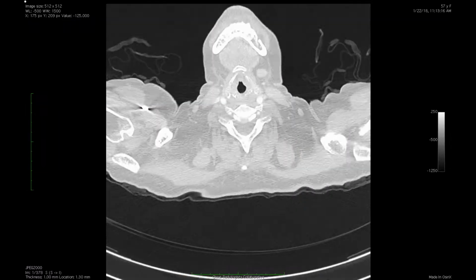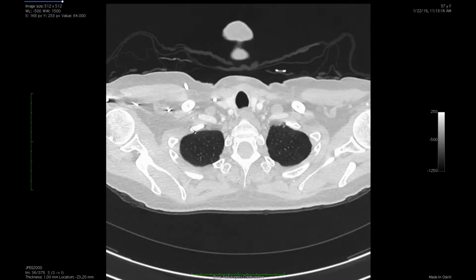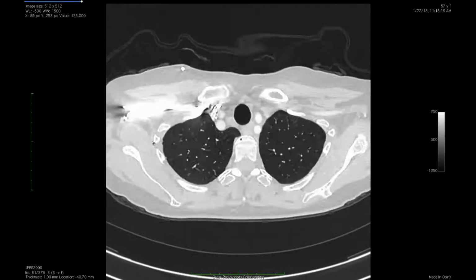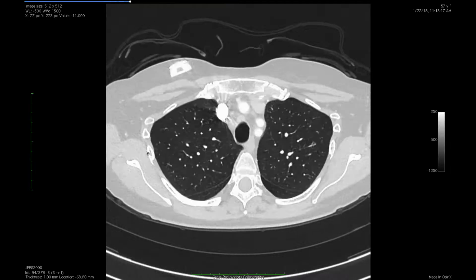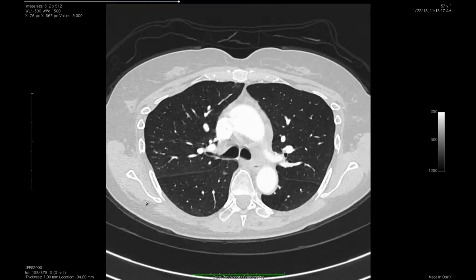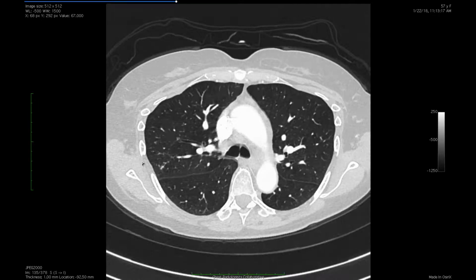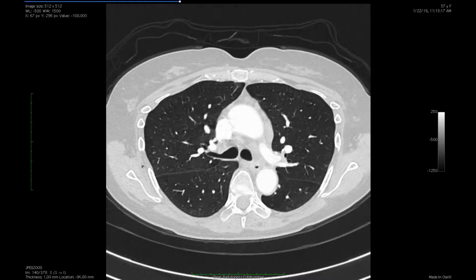So in looking at this, there are some really subtle findings, but when I do the MIPS, you'll see that they do show up a little bit better. So for example, a place that I initially saw it was right here. If you look at these peripheral vessels, they are just a little bit large and a little bit knobby.